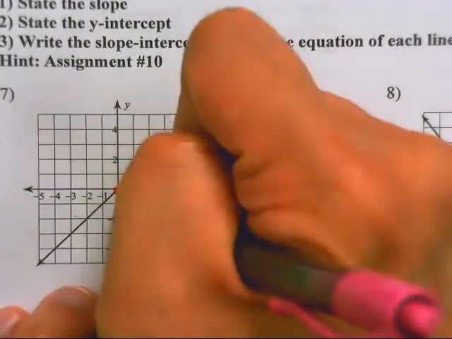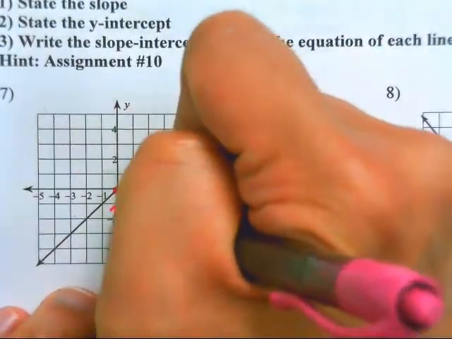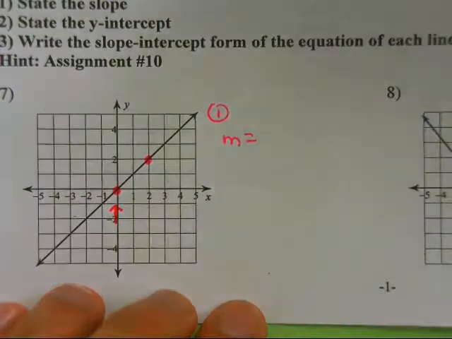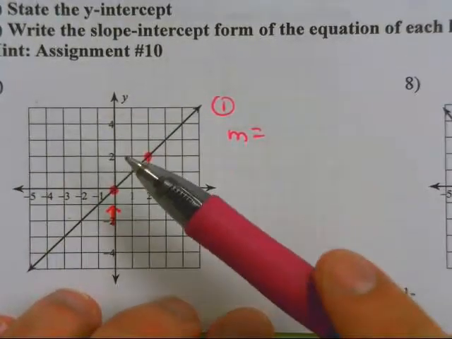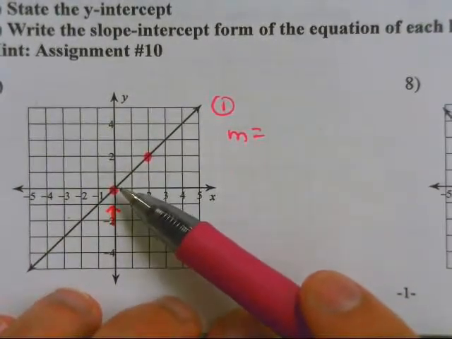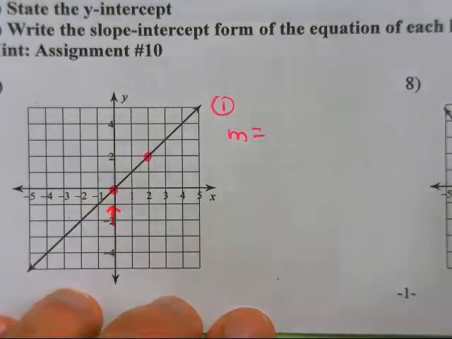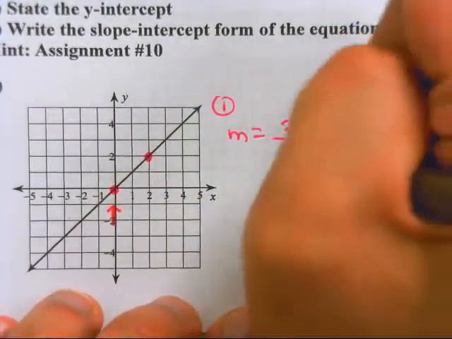All right, you guys told me that we have to start on the more left point, so we got to start counting over here. Based on the 2 points that I picked, what is your slope? What over what? 2 over 2, good.